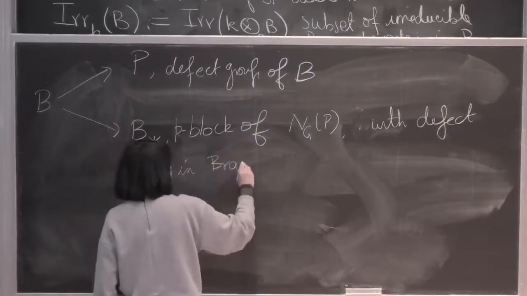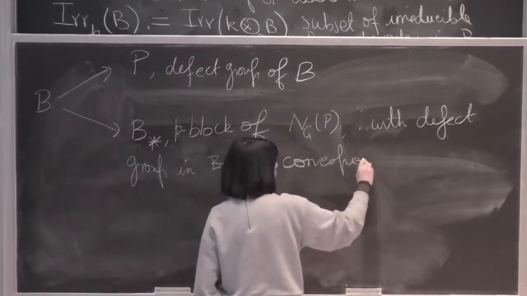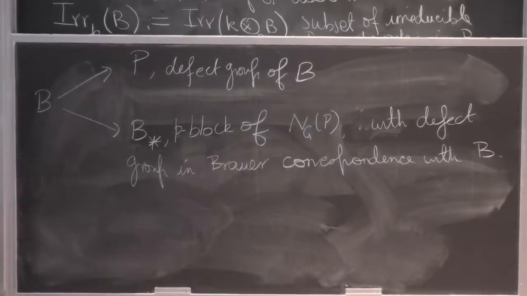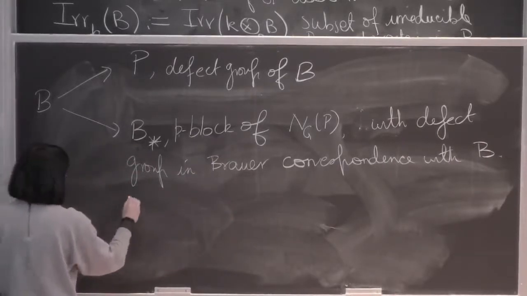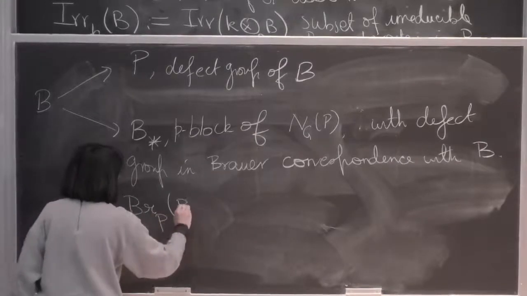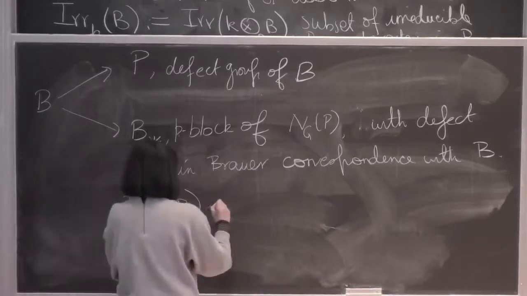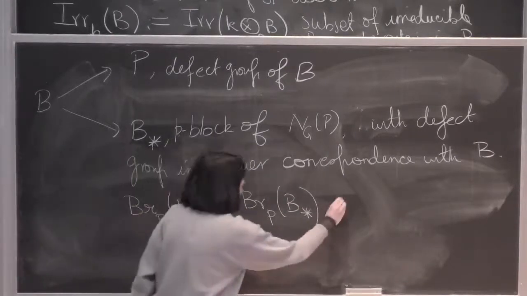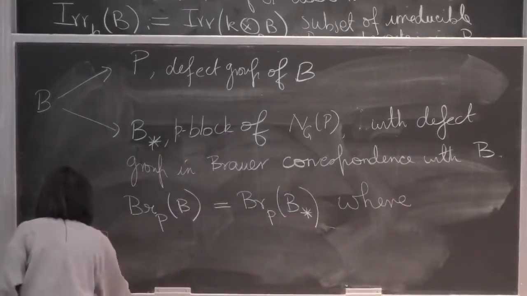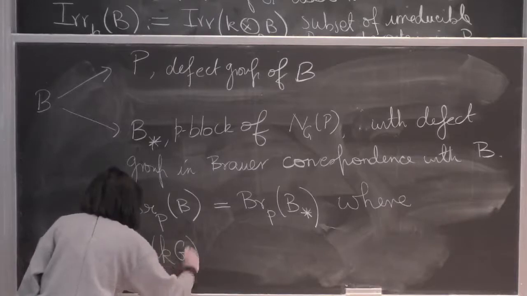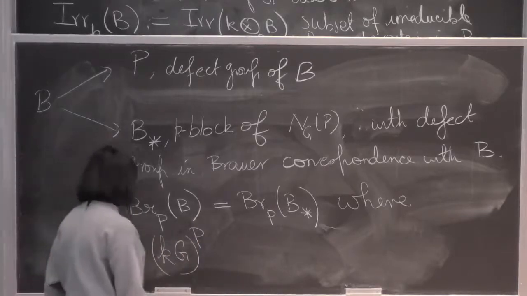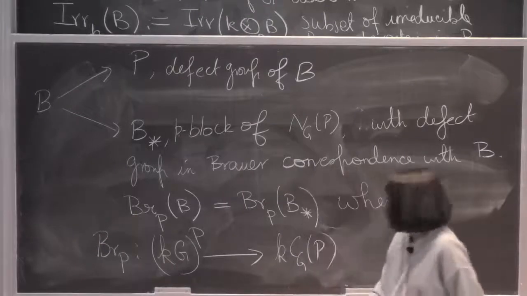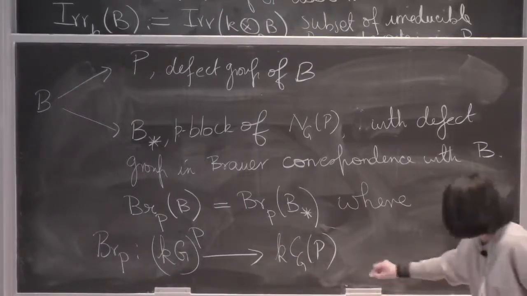in Brauer correspondence with B. And let me just remind you what the relationship between B and B star was, even though it's not really going to show up again: Brauer_P of B is the same as Brauer_P of B star, where Brauer_P was the map, now we're just going to think of it as the map from the fixed points of P acting by conjugation on kG to the group algebra of the centralizer in G of P, and this was just the truncation map.